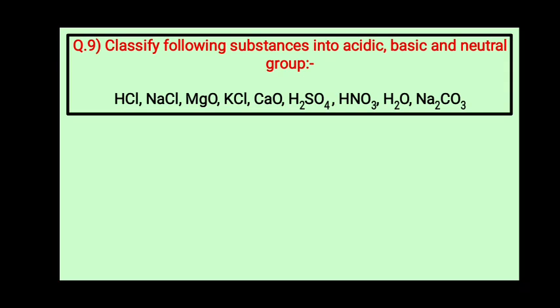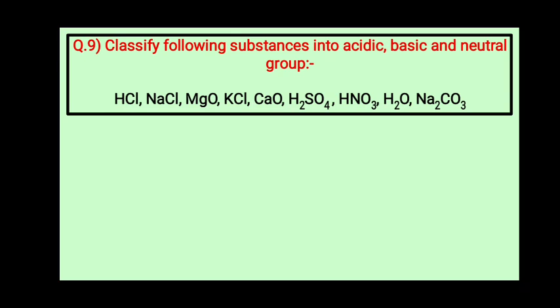First one, HCl. Now is HCl acid, base or neutral substance? What do you think? Yes, acid. HCl is an acid. Same way, NaCl. NaCl is sodium chloride. So is it an acid, base or neutral substance?